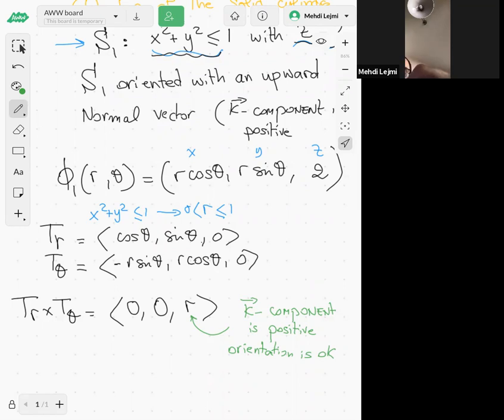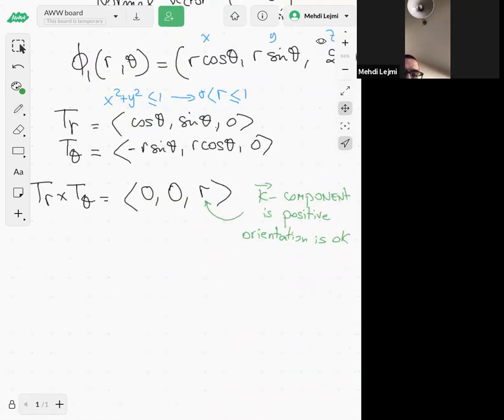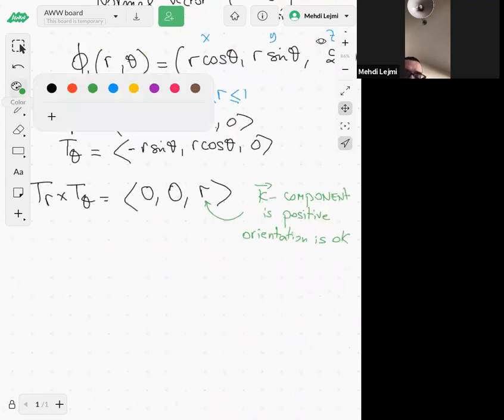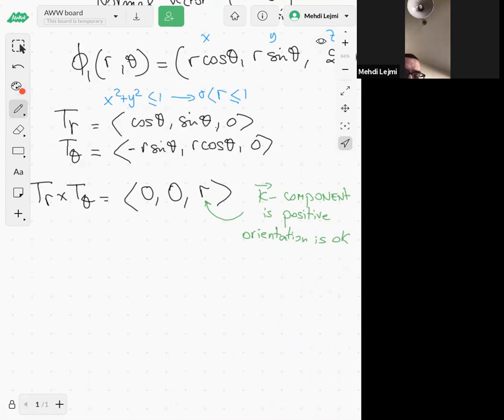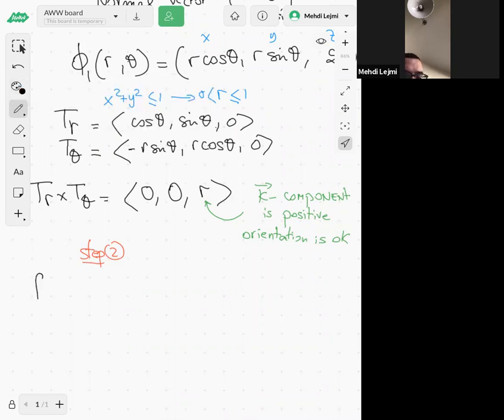So step 2, I'm going to evaluate now the vector surface integral. I got my parameterization, so I can evaluate my vector surface integral over this surface S1.